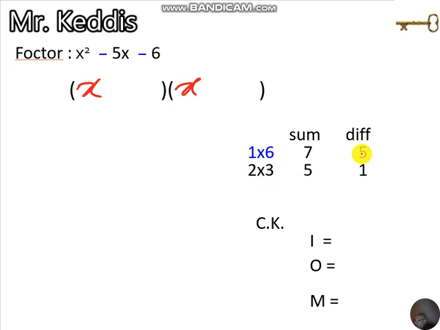Please notice you have two 5s here, 5 under the sum and 5 under the difference. Because the sign of the last term here is negative, I look under the difference. If it's positive, I look under the sum. This is a 5. Which numbers correspond to 5? Which is 1 and 6.